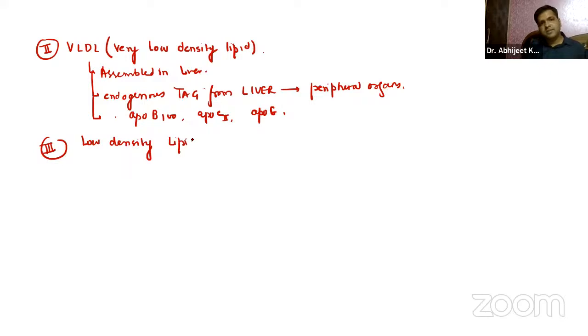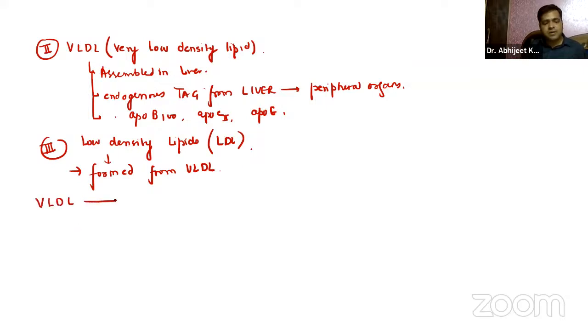Now, coming on to the third one, guys, the low density lipoproteins, also called LDLs. These are formed from VLDL, a very important viva question. Very low density lipoprotein converts into intermediate density lipoprotein, and this intermediate density lipoprotein converts into low density lipoprotein.